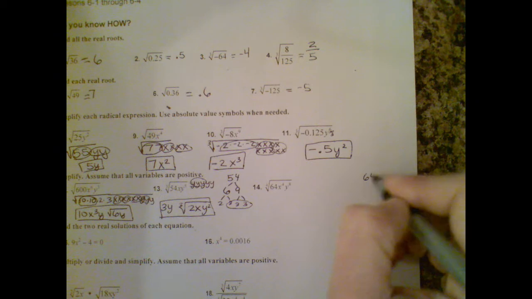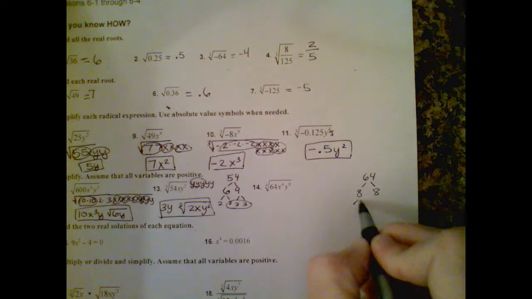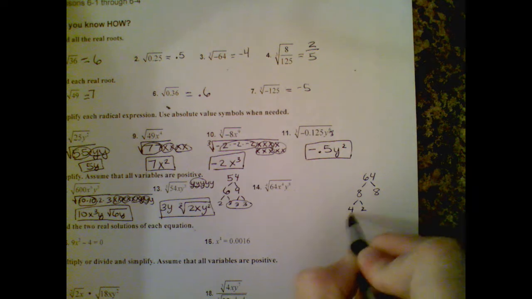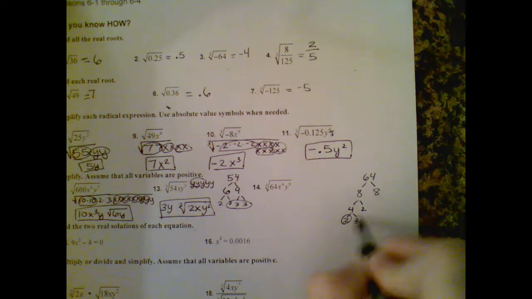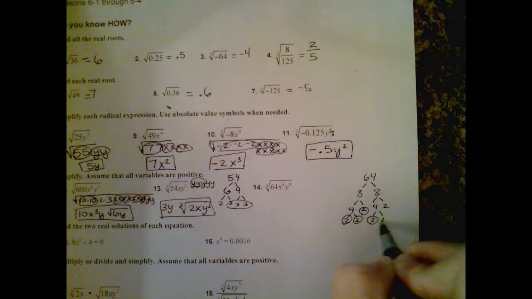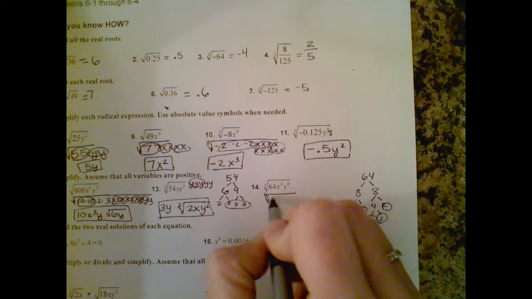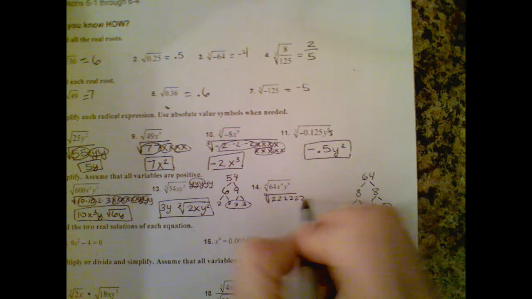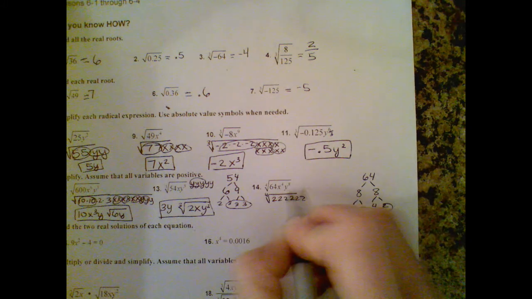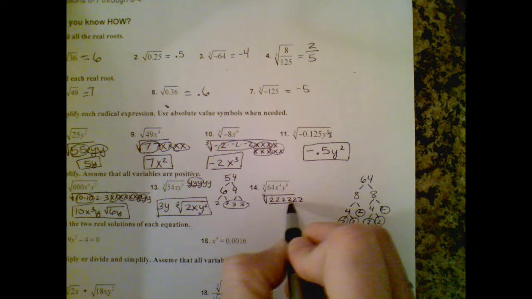This next one, we are taking the 4th root, so we're going to want to do our factor tree for 64, and then we're putting them in groups of 4 since it's the 4th root. Notice we have 6 2's, we have 4 x's and 8 y's, so we're putting them in groups of 4.